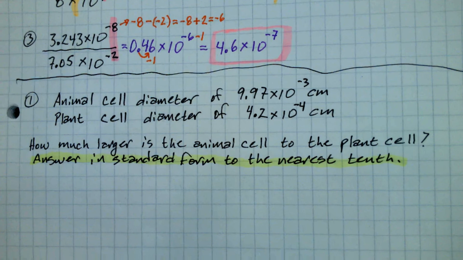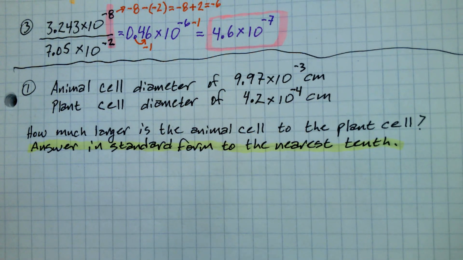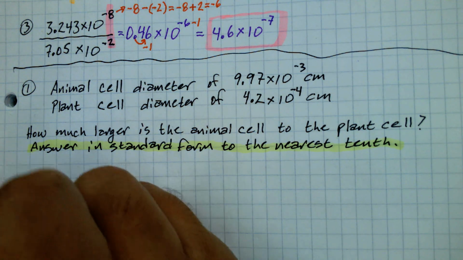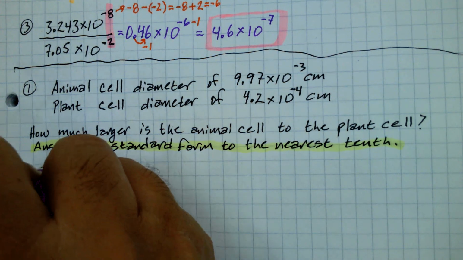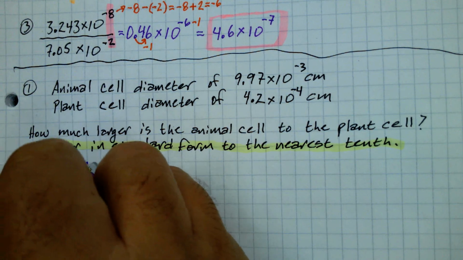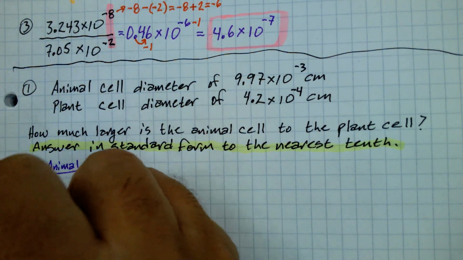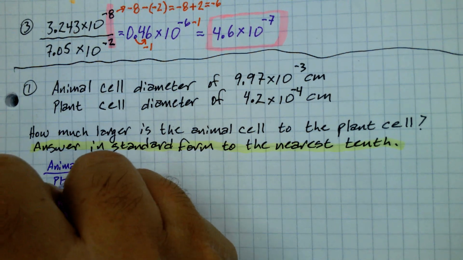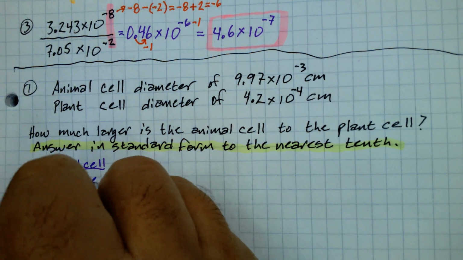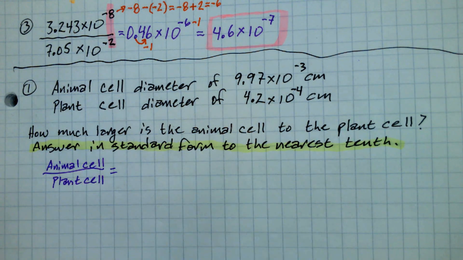All right. Well, let's do this. So, first thing we're going to do is set up our division. We got the larger cell, which is the animal cell. And we're going to compare that to the plant cell. So we're going to set up that ratio.